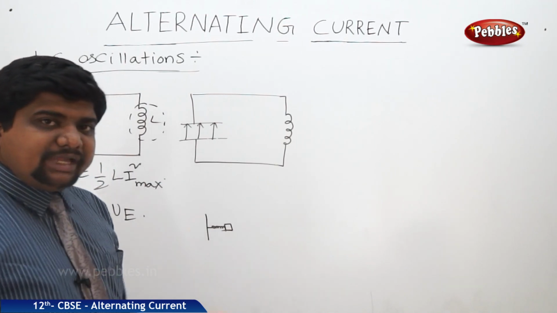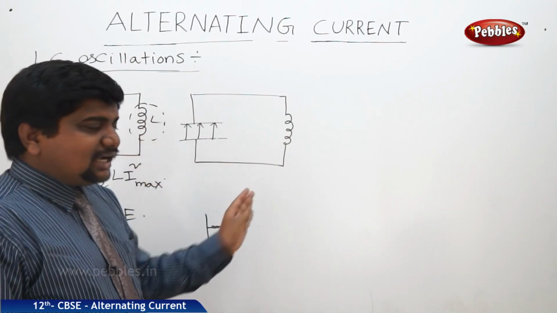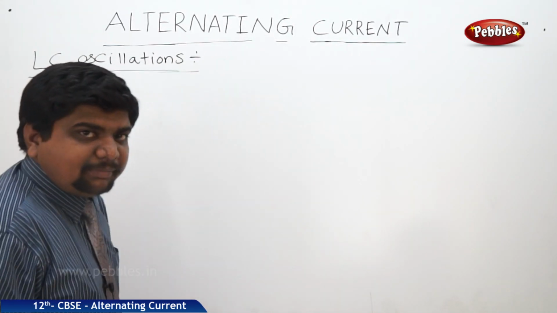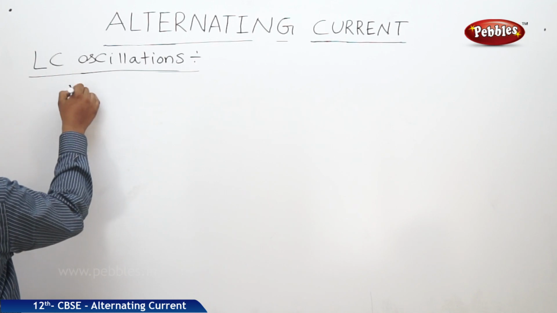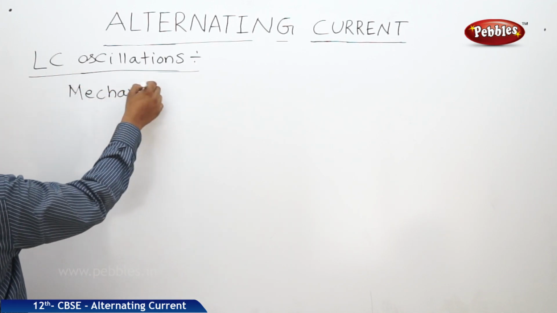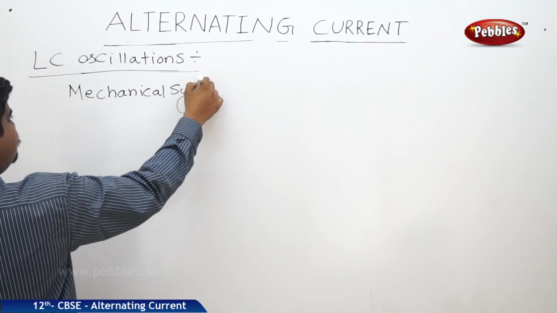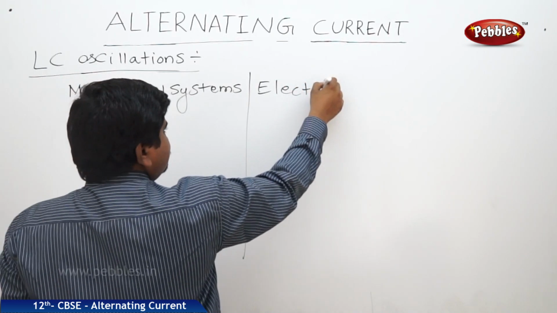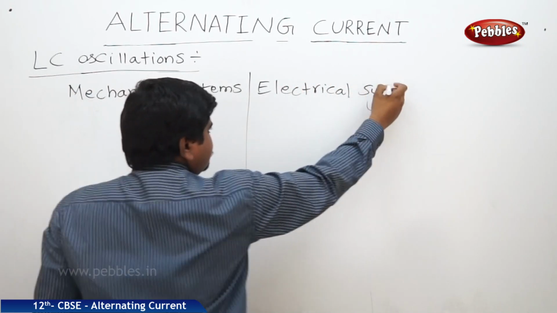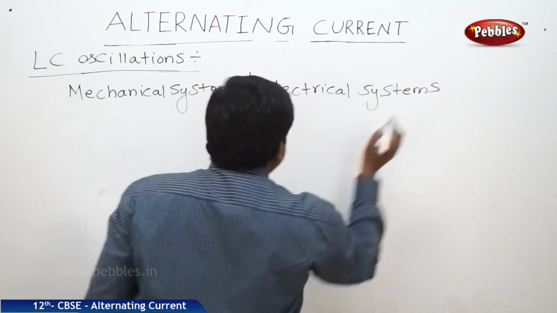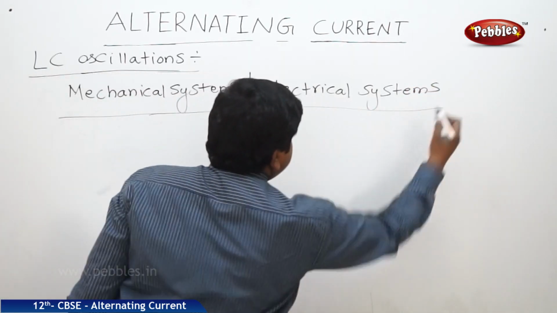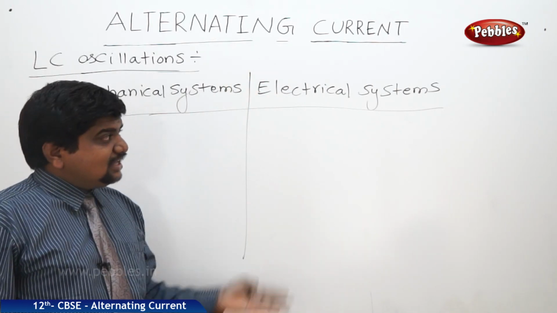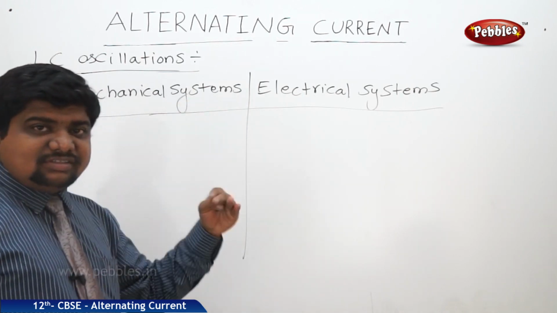Now we are going to check some analogies and similarities between mechanical systems and electrical systems. Let us compare the electrical systems, maybe an LCR circuit, LC circuit or CR circuit, with simple pendulums and oscillating pendulums.